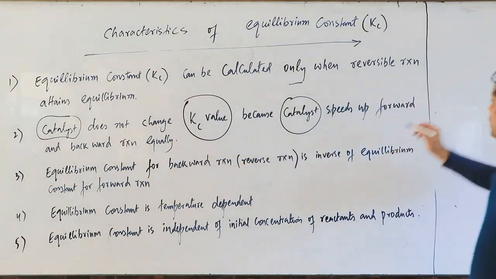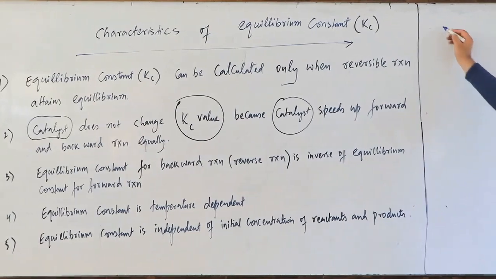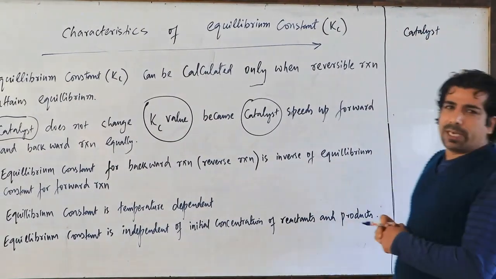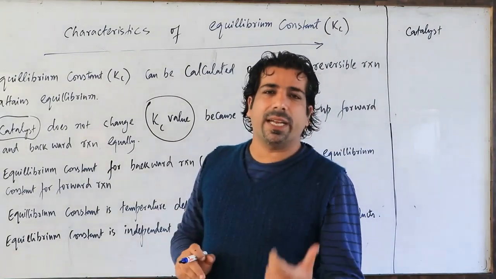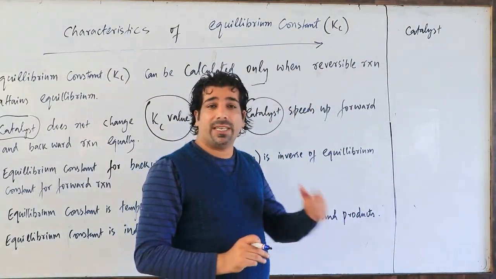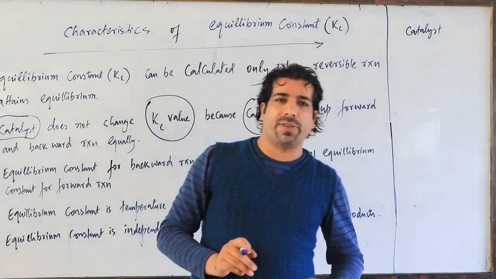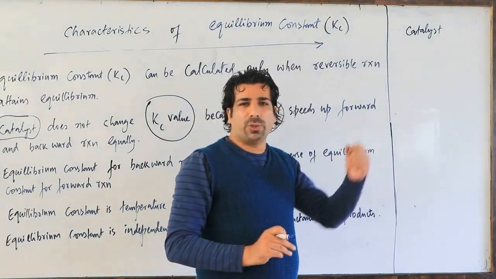So first of all, let us understand what is the role of catalyst. Okay? There are two types of catalysts, positive catalyst and negative catalyst. Positive catalyst will increase the rate of reaction and negative catalyst will decrease the rate of reaction. Let us talk about positive catalyst here.